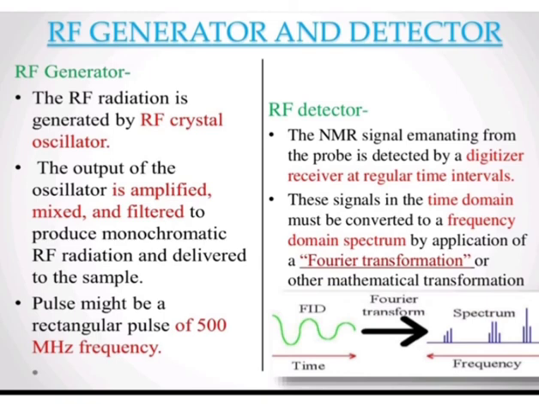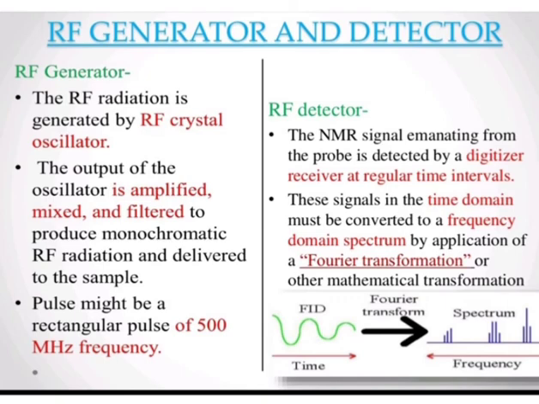Then the RF generator and the detector. RF means radio frequency generator, and the source is the RF crystal oscillator, which is used as the radio frequency light source. The output of the oscillator is amplified, mixed and filtered to produce monochromatic RF radiations, and it can be delivered to the sample.